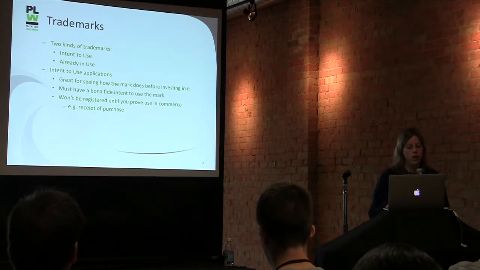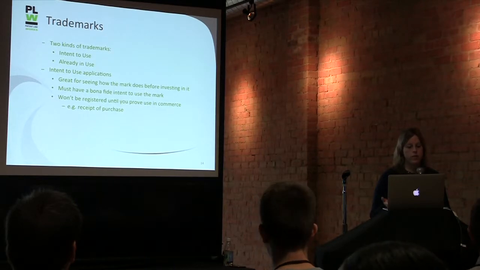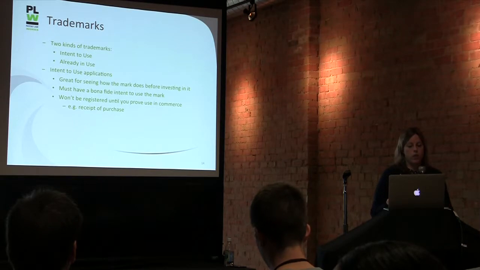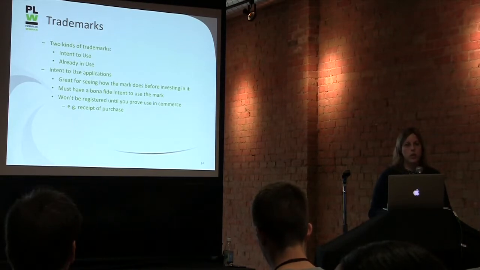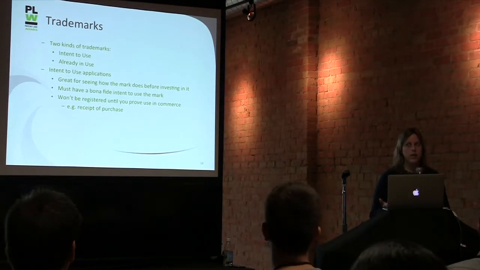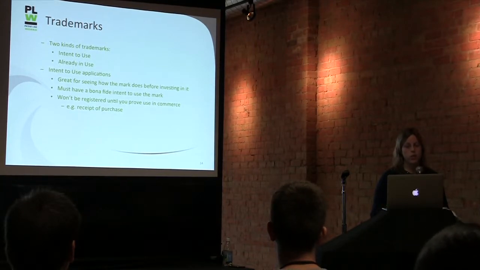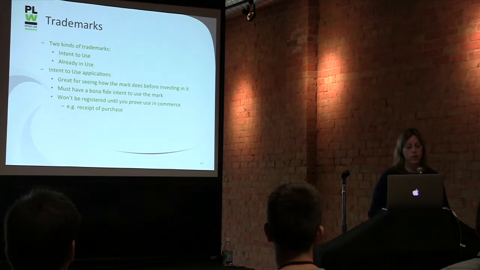So in order to have the intent to use, you do have to have a bona fide intent to use the mark. You're just signing a form to say that, and generally if you're spending money on it, then you probably do intend to use it. Once you get the trademark, then you have, I think it's 2 years, it's this period of 6 months that you can keep extending with a little bit of money in order to prove use in commerce.